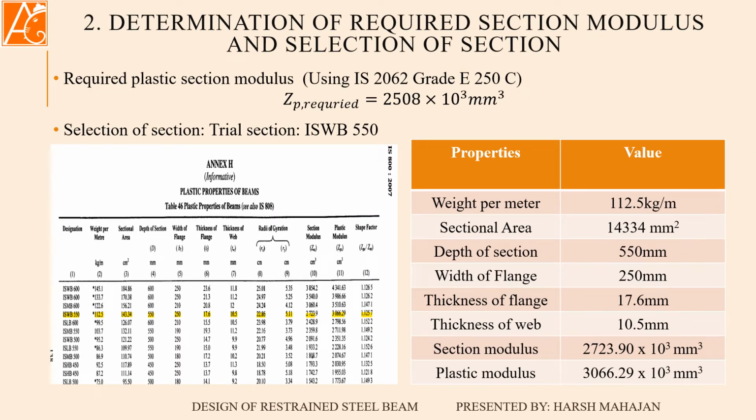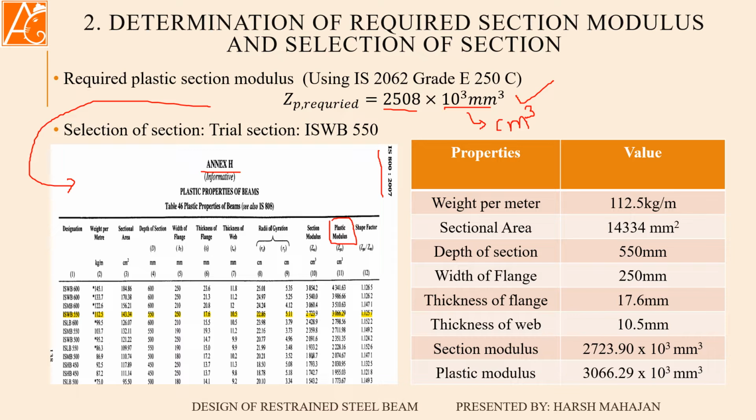So this is the required Z plastic. For plastic modulus, we can go back to Annexure H in IS 800:2007. Here you can find the plastic modulus section. So we require 2508 into 10 to power 3 mm cube, which can be written like centimeter cube.